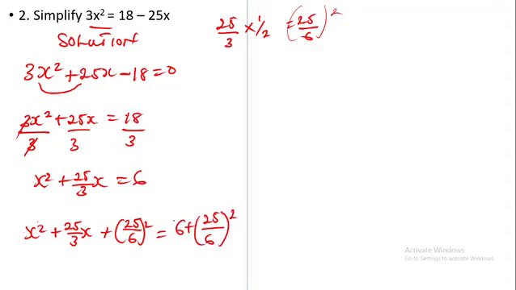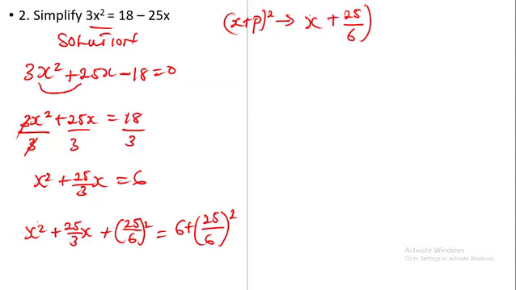Okay, what do we have then? The next thing we are going to do is to make this equation of the form (x + b)², where b is a constant. So we have (x + 25/6)² equal to 6 + (25/6)².